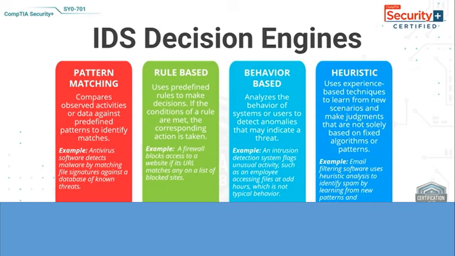Now the next is rule based. It uses predefined rules to make decisions. If the conditions of a rule are met, the corresponding action is taken. Like a firewall: a firewall blocks access to a website if its URL matches any on a list of blocked sites. This can be done with the help of the IDS decision engine.